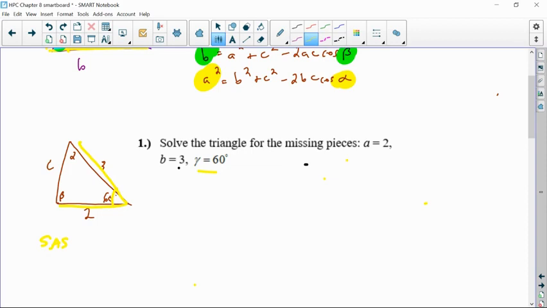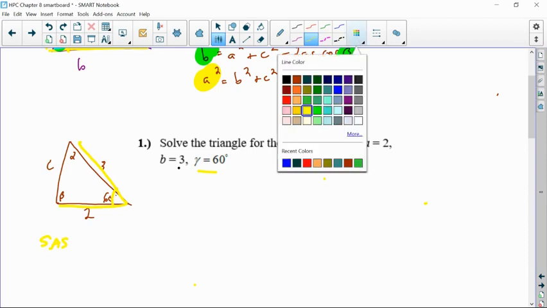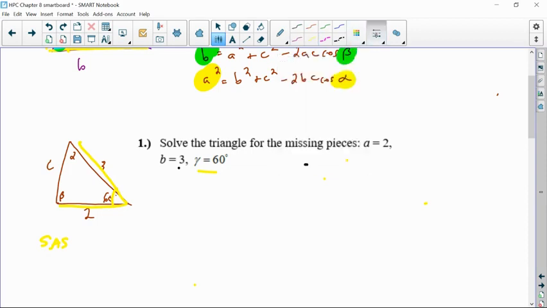Okay, so law of cosines, I'll go back to my solving pen. Law of cosines says c squared is equal to a squared plus b squared, I'll just write it out this first time, minus 2ab cosine of angle c or gamma, the one that's opposite it.